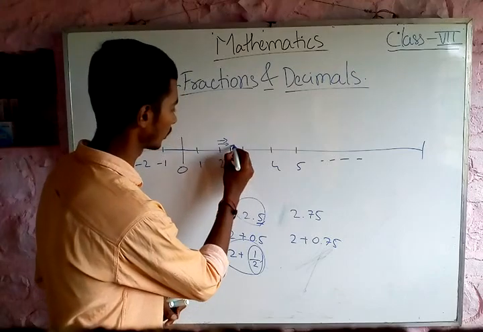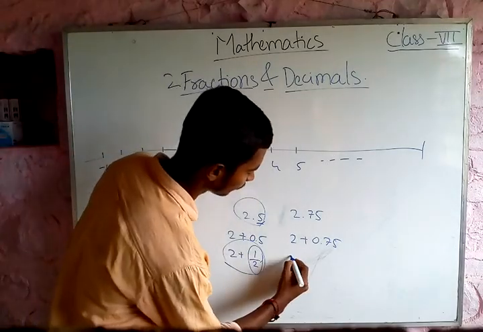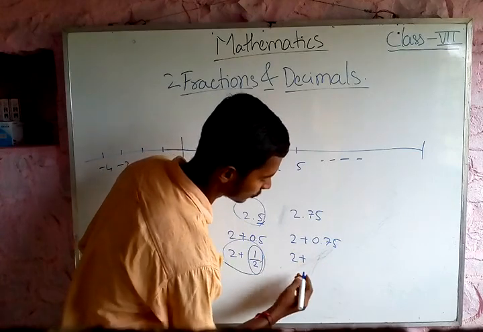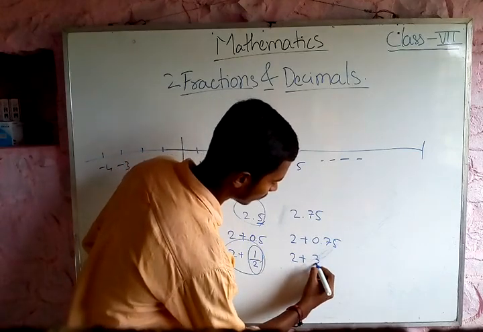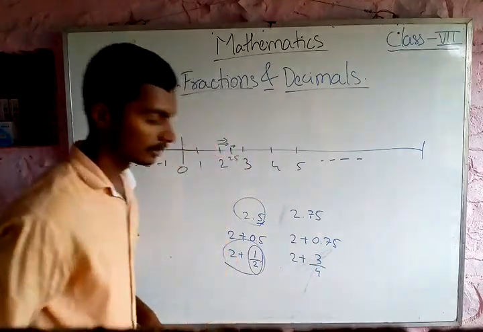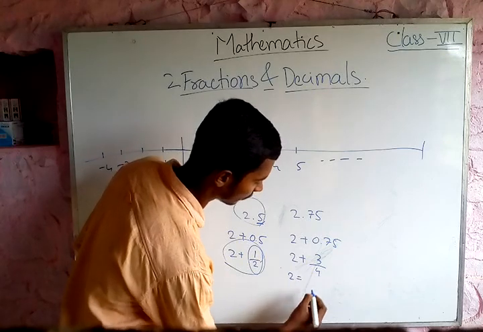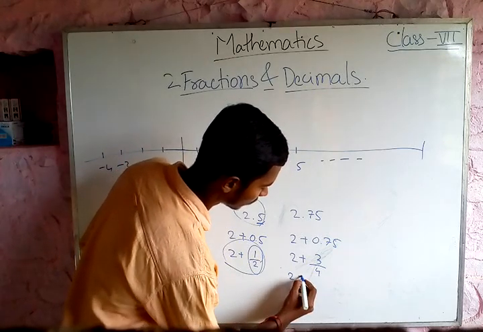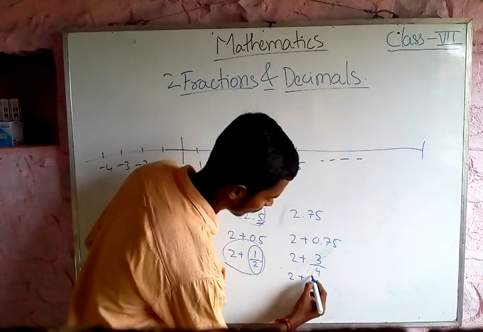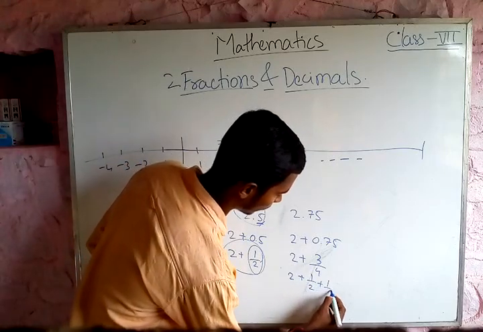By how much amount? 0.75 is 3 by 4, which is equal to 1 by 2 plus 1 by 4.